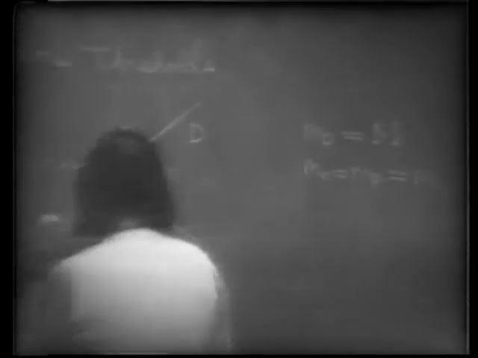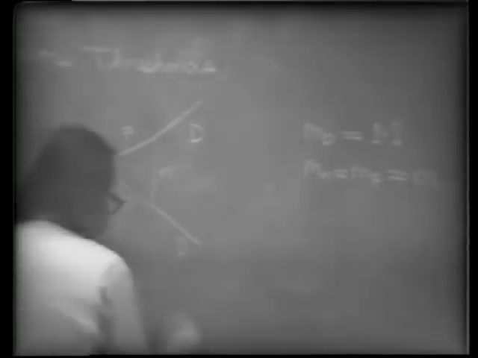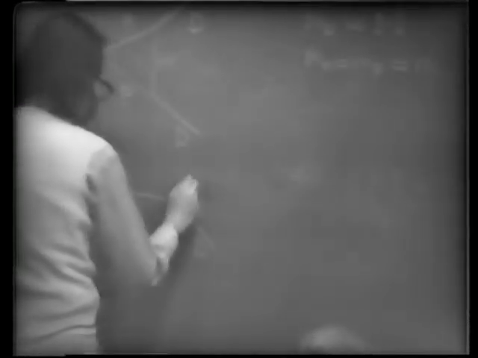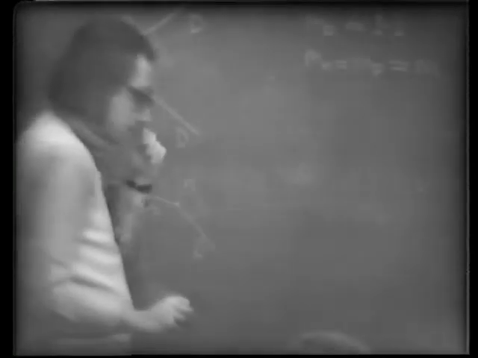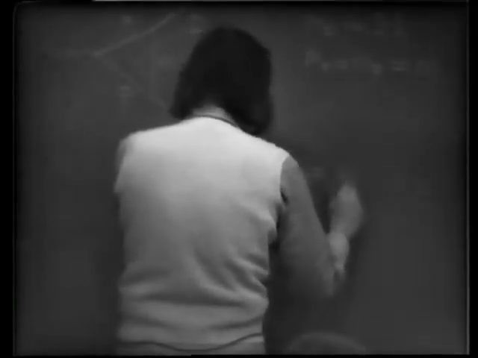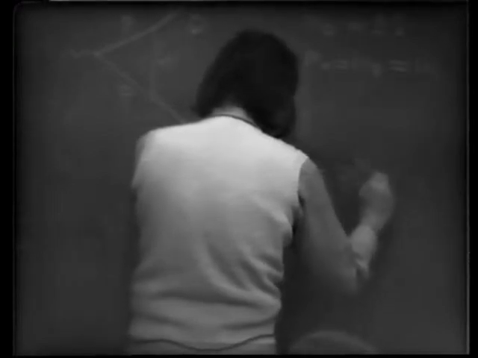Now, let's focus attention on one of these vertices, say the bottom one. Here's the Deuteron coming in. Here's a neutron and a proton. Let's have an angle here, which I'll call theta. The momentum of the Deuteron squared, by momentum conservation, is the momentum of the neutron squared plus the momentum of the proton squared plus 2 p_p dot p_n.